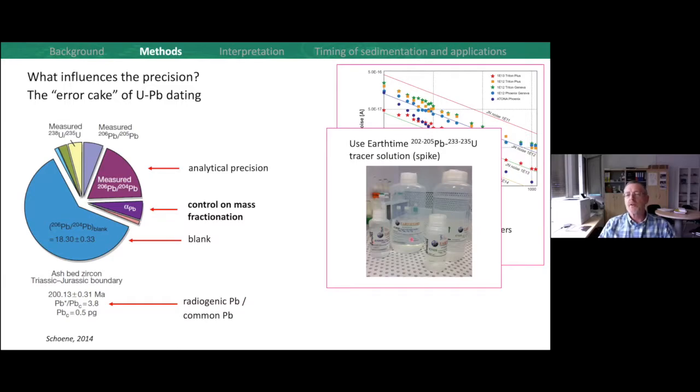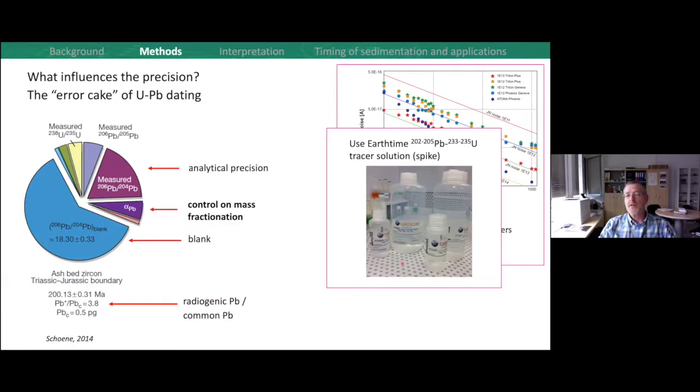It's not only for calculating the concentrations, but also because there are two lead isotopes and two uranium isotopes in there. We know very, very well the isotope ratio of our spike or tracer, so we can actually correct online during the measurement our mass fractionation.